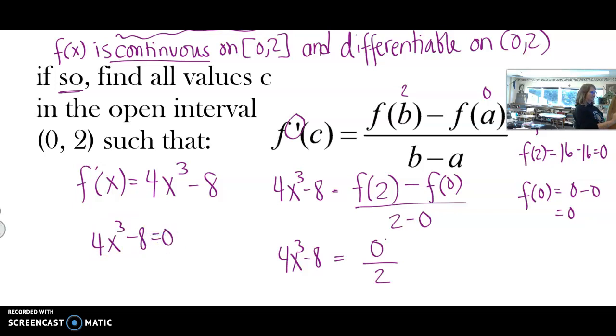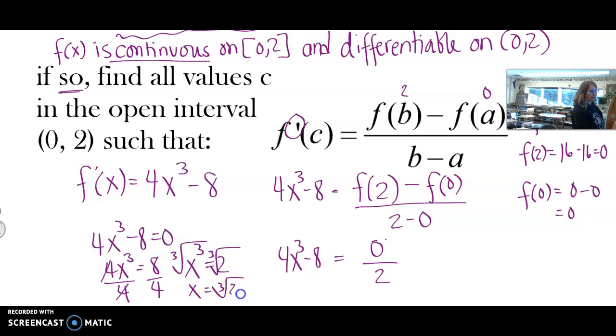So we're going to add the 8. Divide by 4. We get x cubed is equal to 2. And we need to take the cube root of 2, and that is the place when x is the cube root of 2, the instantaneous rate of change will equal the average rate of change, which is 0.